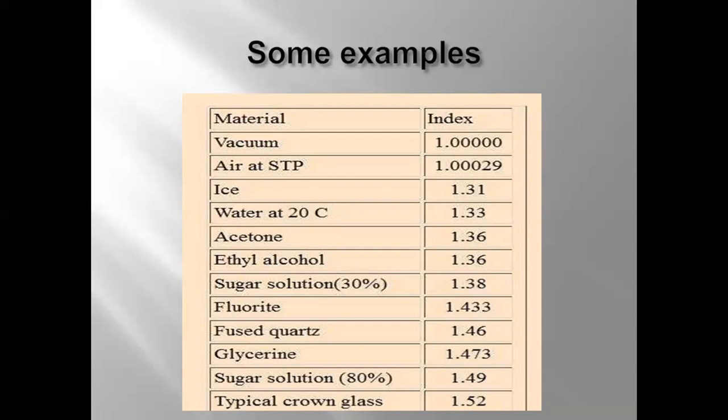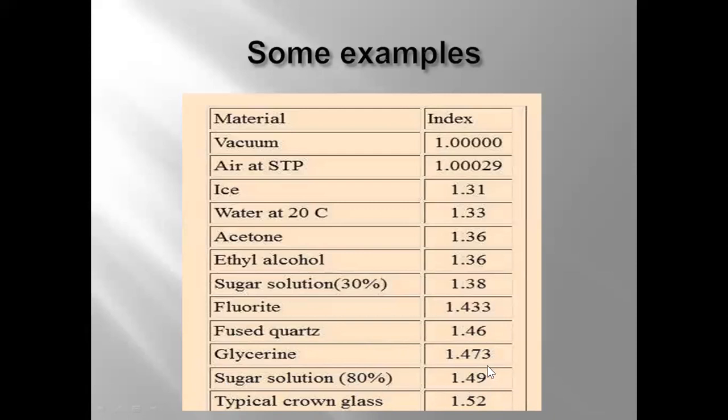For sugar solution at 30%, it's 1.38. For fluoride, 1.433. Fused quartz, 1.426. For glycerin, 1.473. And for sugar solution with higher concentration at 80%, take note of this, it is 1.49.